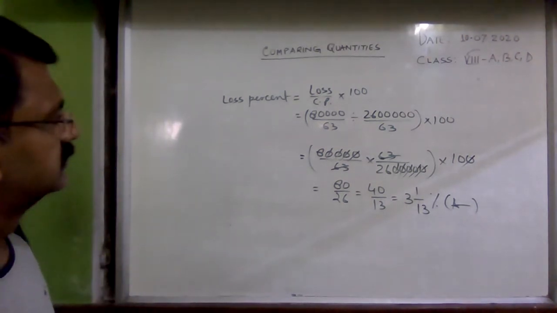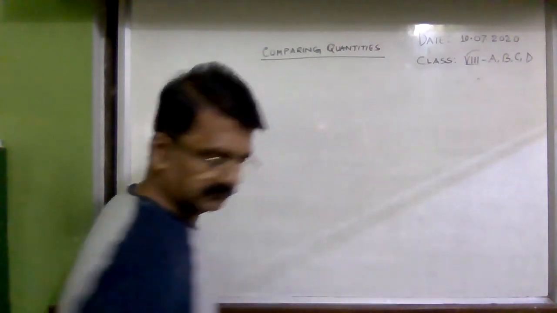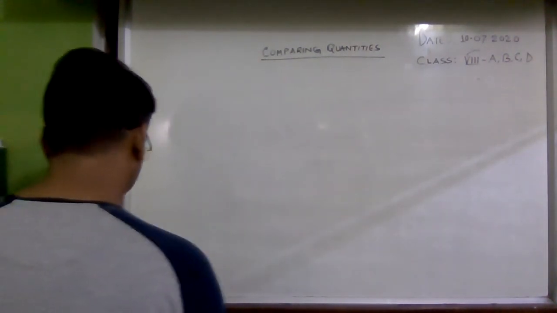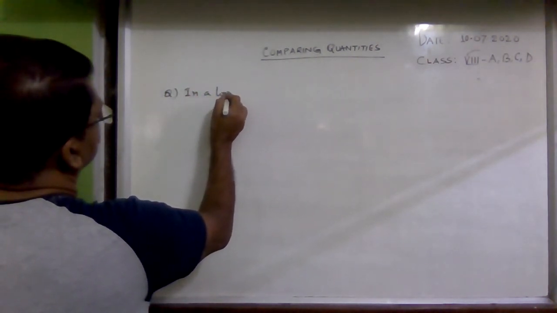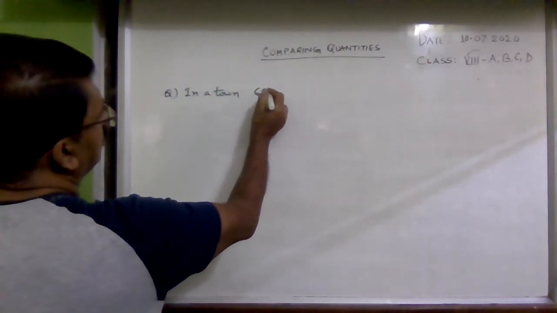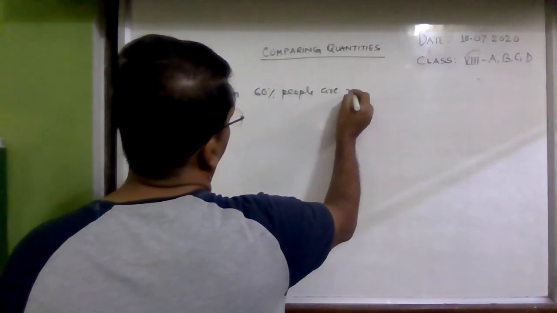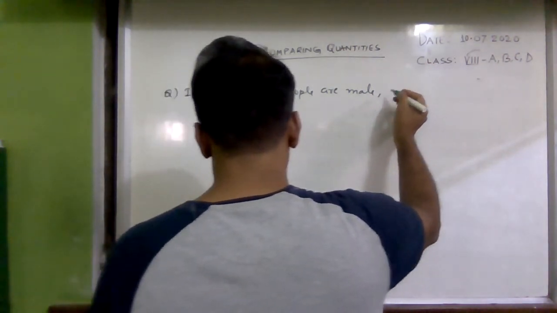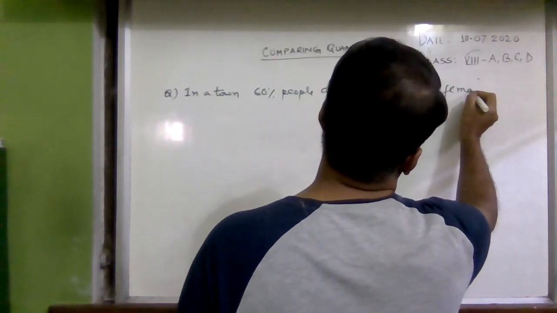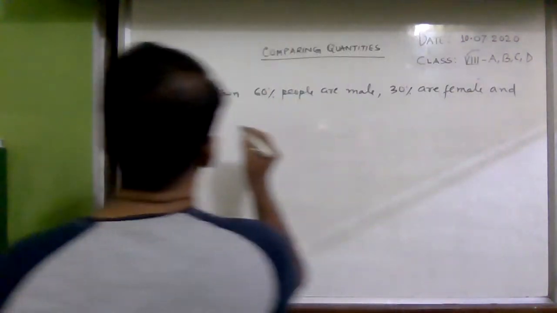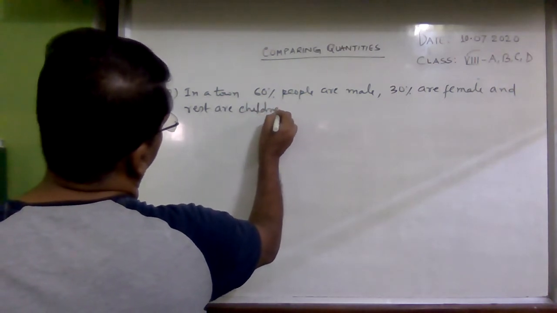So now one more question. In a town, 60% people are male, 30% are female, and the rest are children.